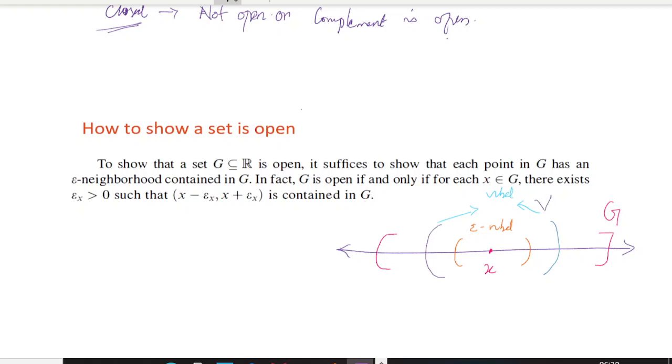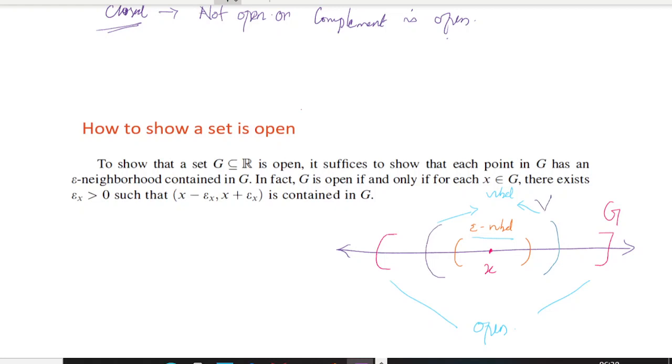When I am saying that this set is open, there should exist a neighborhood. For an existing neighborhood, there should exist an epsilon neighborhood. So instead of saying that there should exist a neighborhood, it is enough to say that whenever a set G is given, if for every x belongs to G we can find an epsilon neighborhood which is completely contained inside G, then also the set is open.